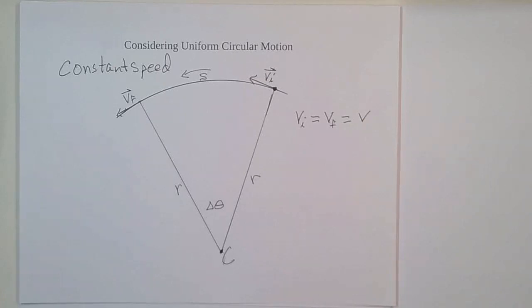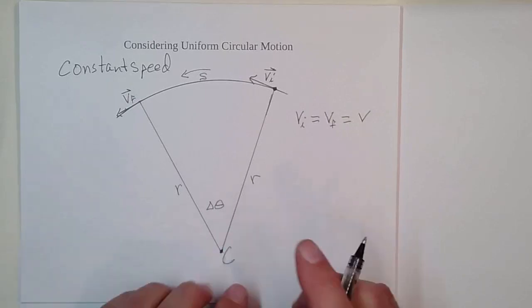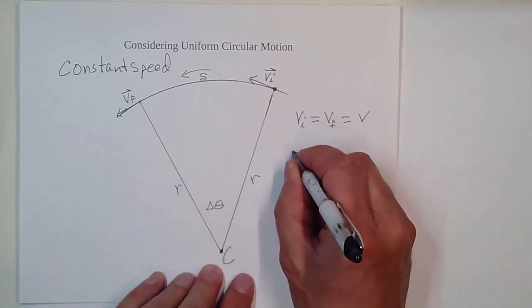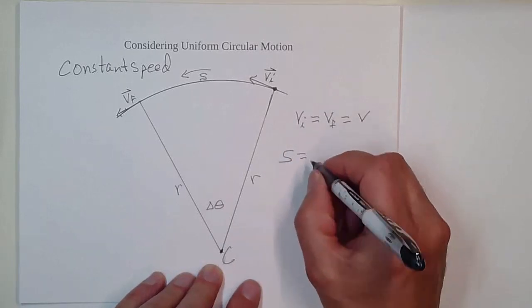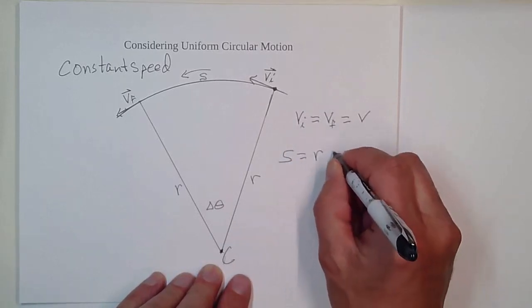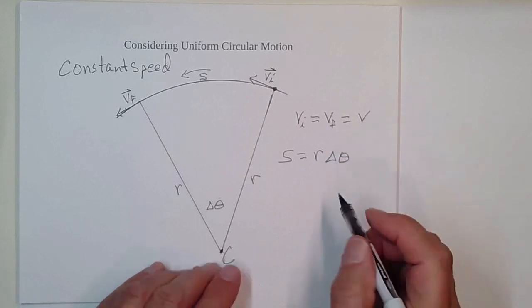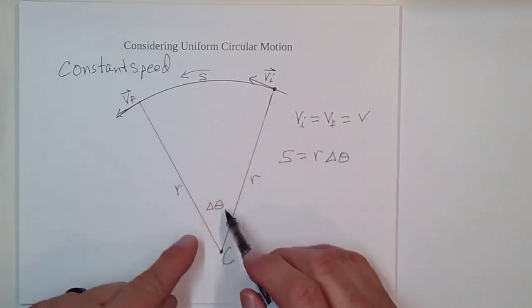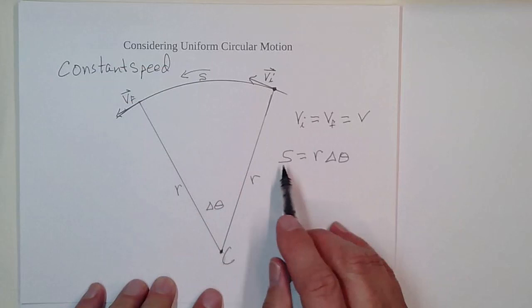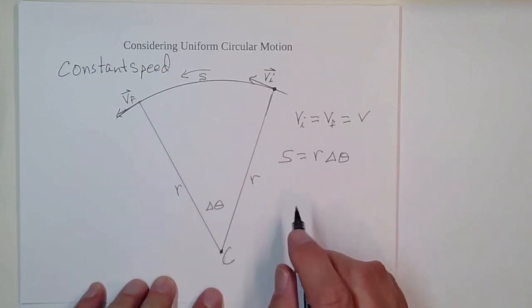Now, I can express this arc length two different ways here. Okay, that arc length S will equal r delta theta, okay, or S divided by r will equal delta theta, but the arc length is equal to r delta theta.